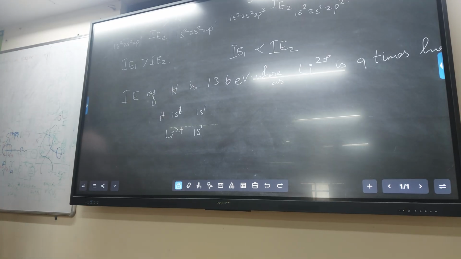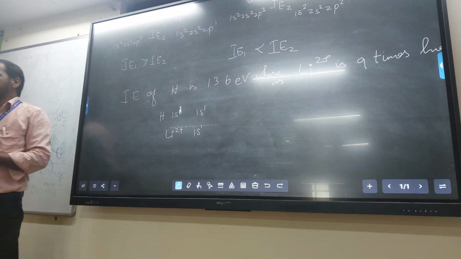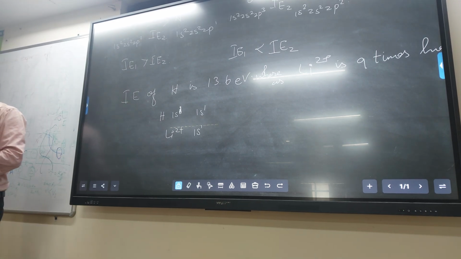The removal of an electron from the 1s orbital is very tough here, but in the hydrogen case it is 13.6 electron volts. Like that the question will come.